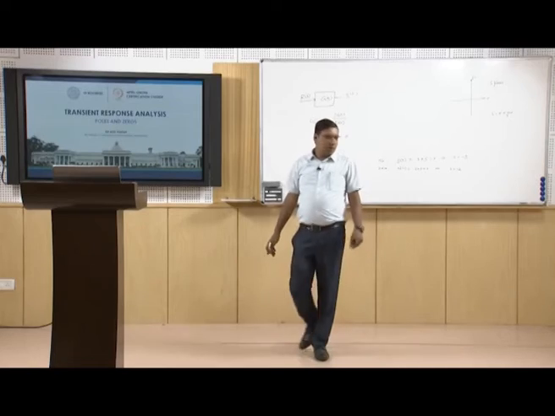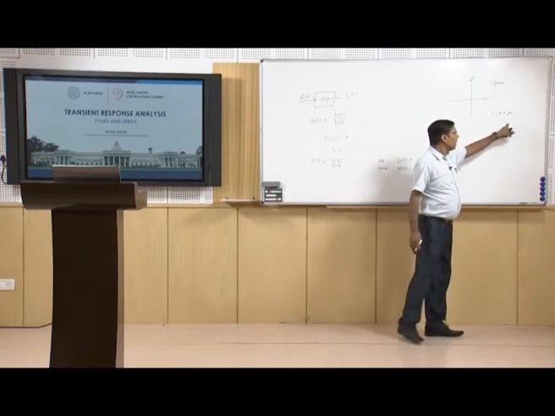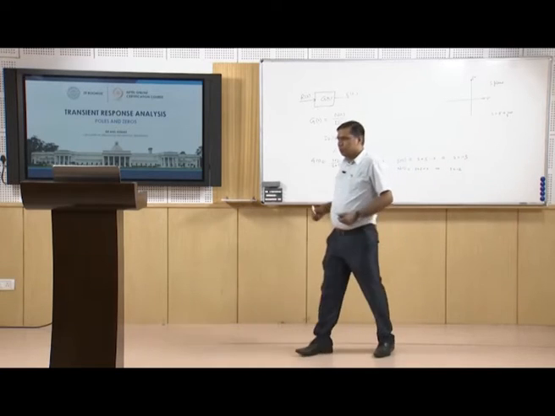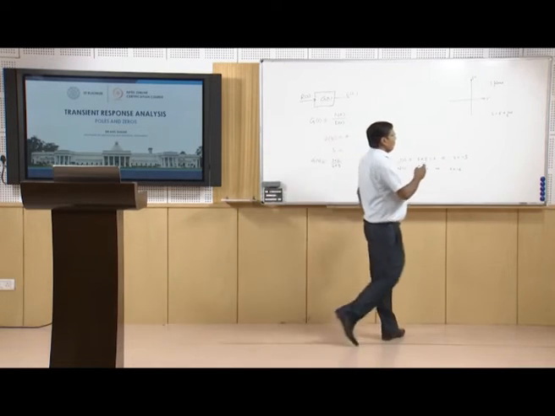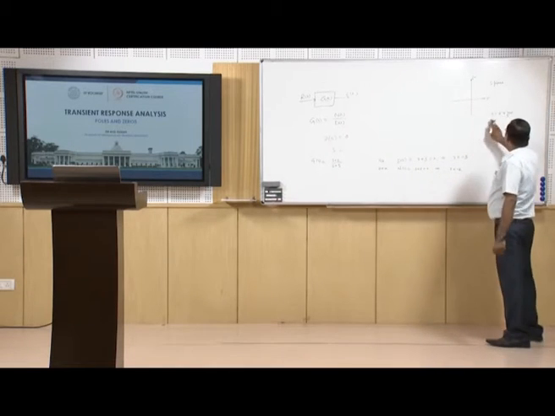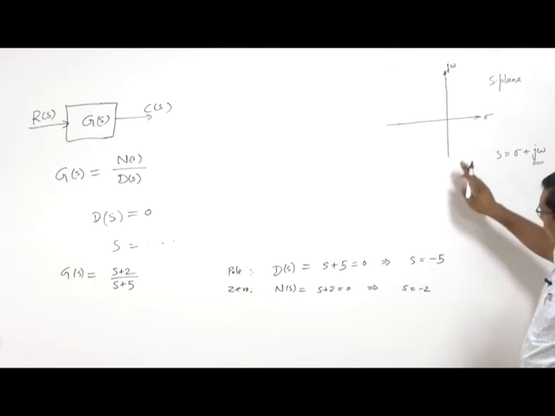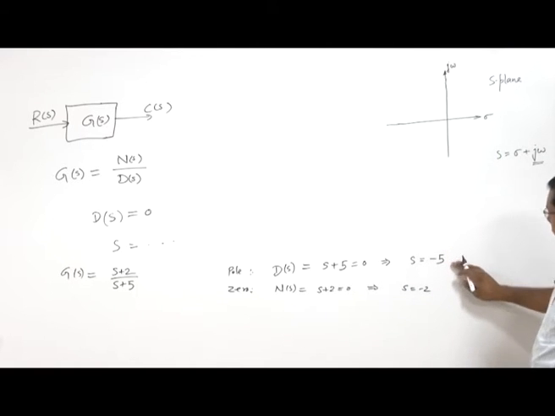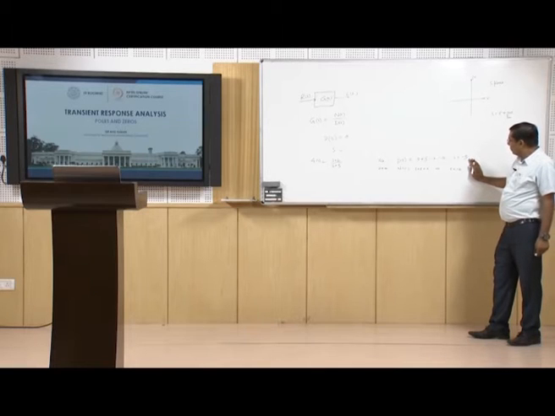Sigma is the real axis, and omega is the y axis, the imaginary axis. If we want to show s equal to minus 5, here we have only the real part.